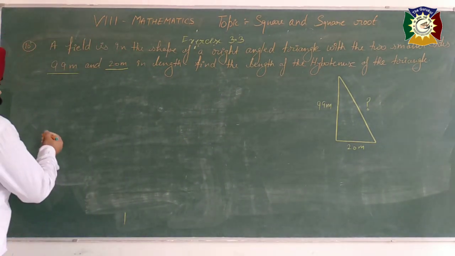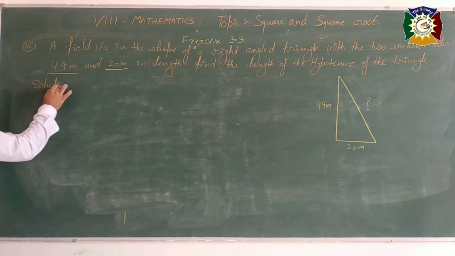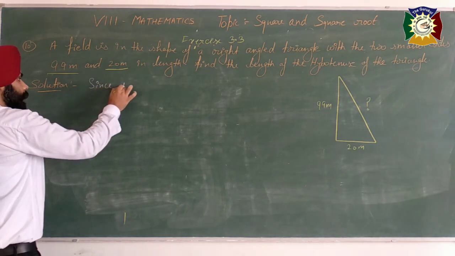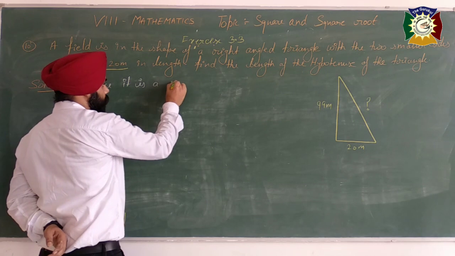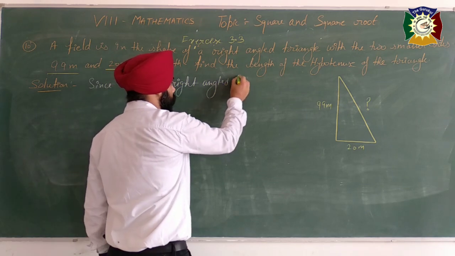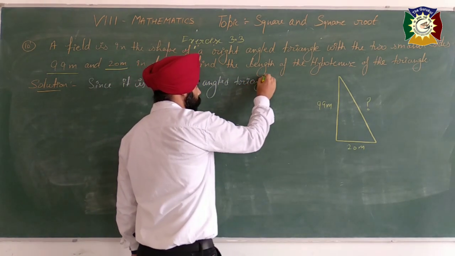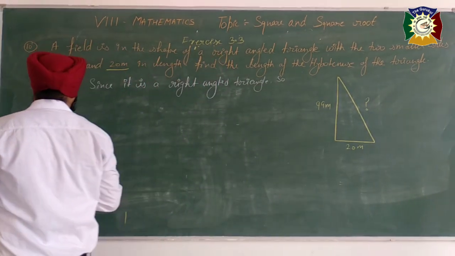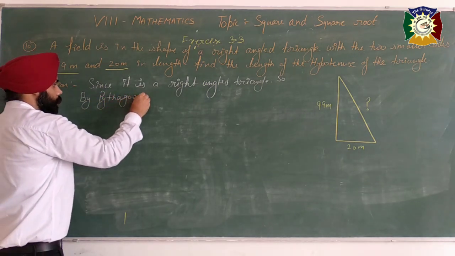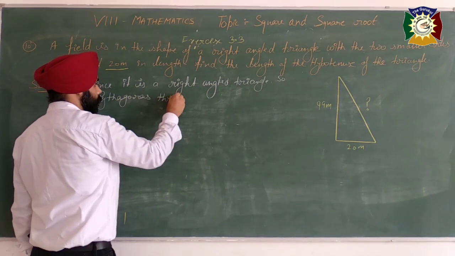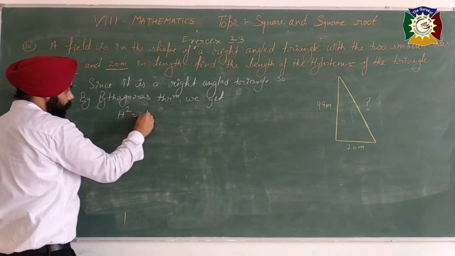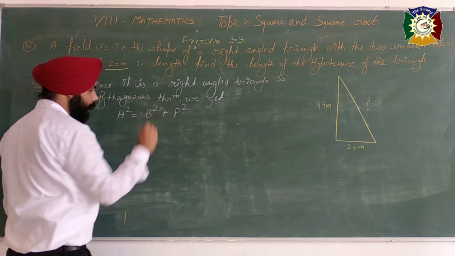See, so in its solution, since it is a right angle triangle, by Pythagoras theorem, we get that hypotenuse square is equal to base square plus perpendicular square.